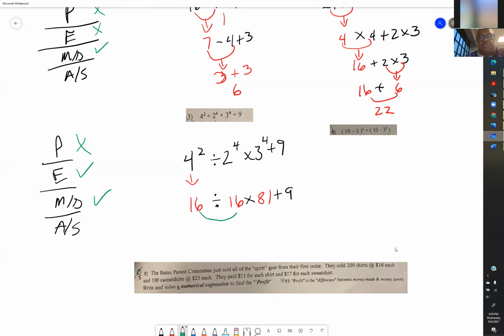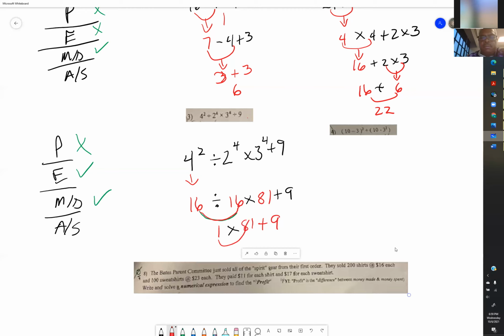So 16 divided by 16 is 1. And then we bring down the rest: times 81 plus 9. Okay, 1 times 81, we're still on multiplication and division. I got to move this down further.